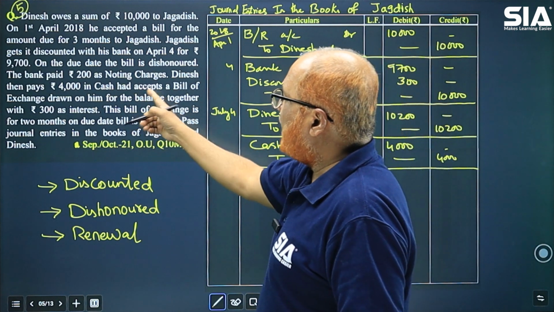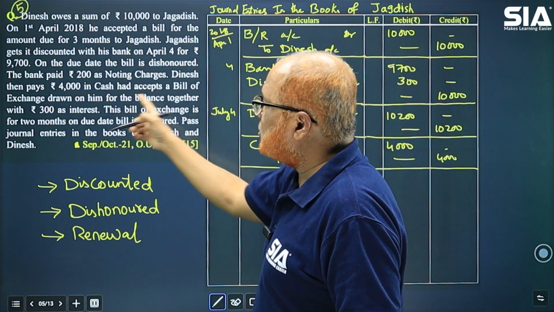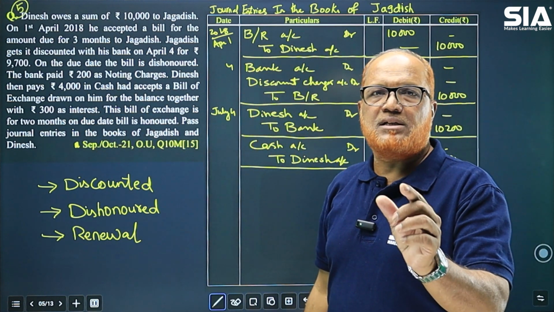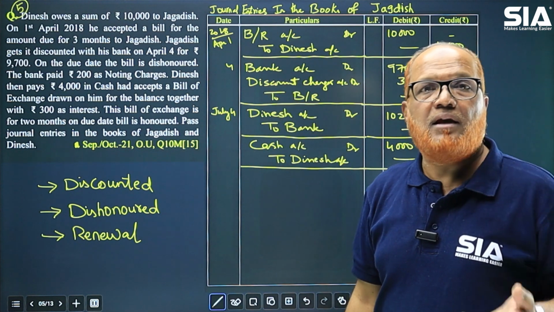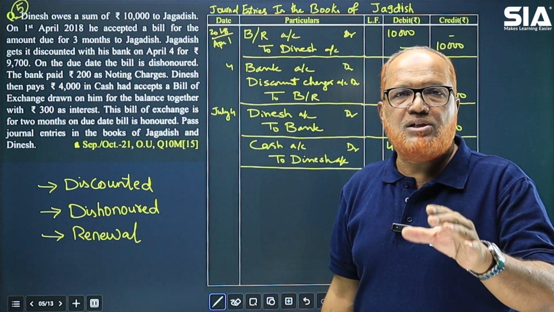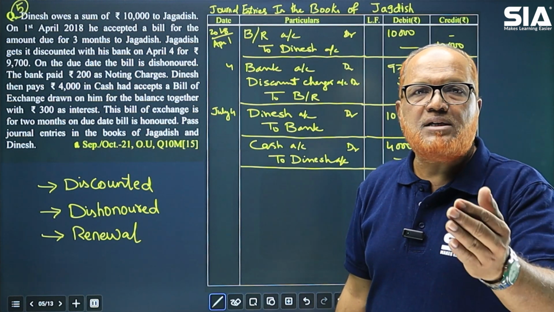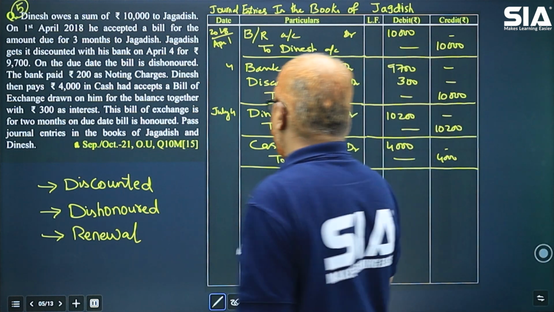Then Dinesh accepts a bill of exchange drawn on him for the balance together with 300 interest. So 300 rupees interest. Is it a loss or gain to Jagdish? It's a gain, because this interest is charged by Jagdish on Dinesh. So interest account should be credited and Dinesh account should be debited.